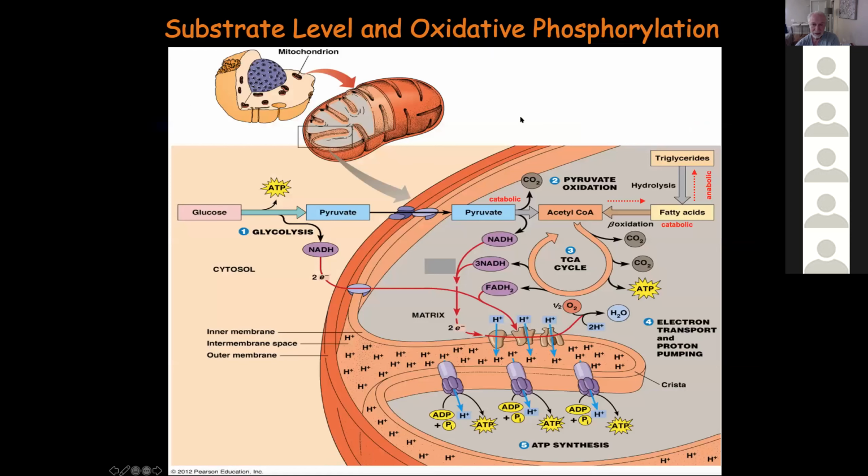So let's take a closer look at substrate level and oxidative phosphorylation. Again, if we start up here with the cell, the nucleus and the mitochondrion, take a closer look inside the mitochondrion. We'll talk about all these structures, but outside the mitochondrion, in the cytoplasm, we start with glucose. And where does the glucose come from? From photosynthesis?